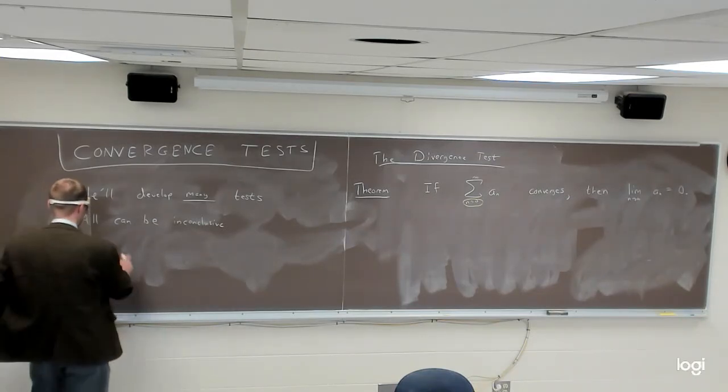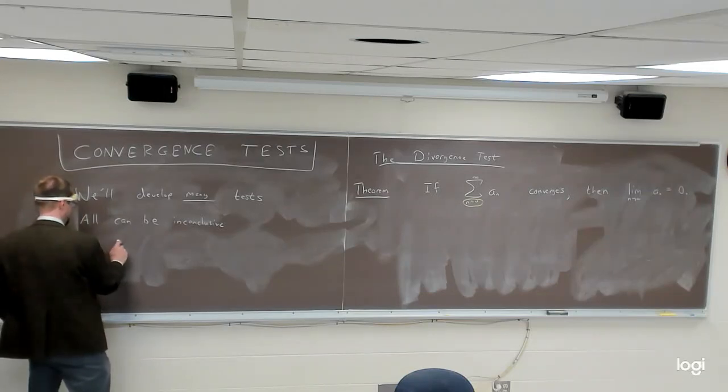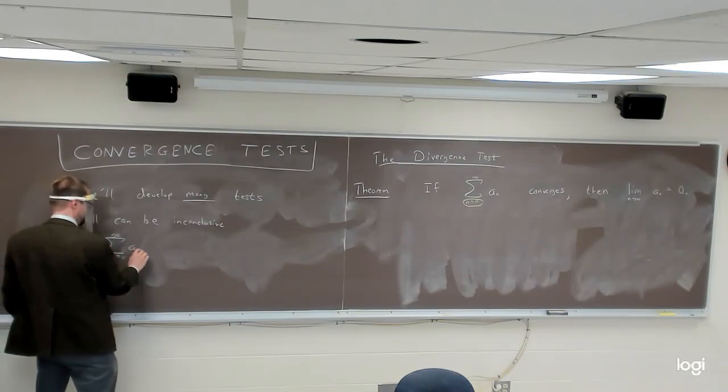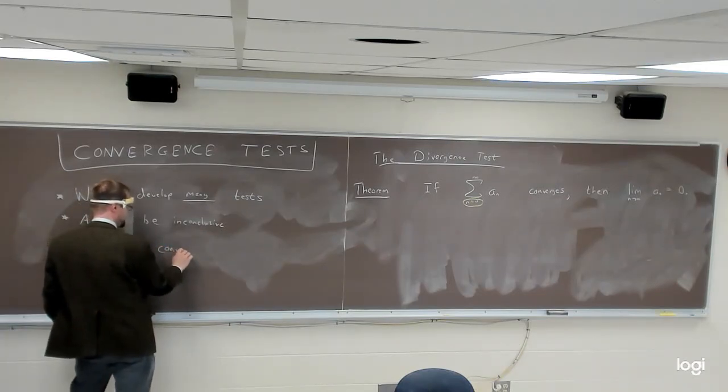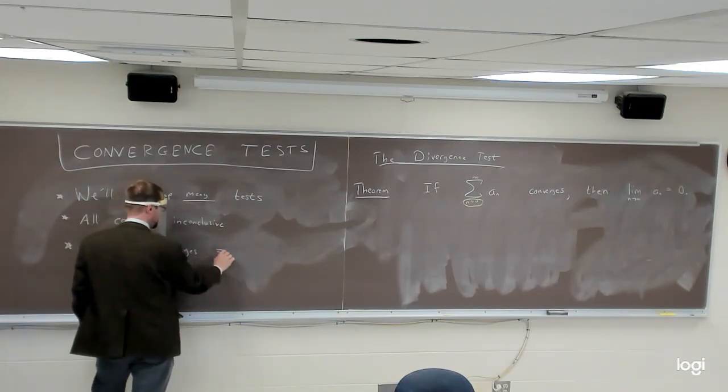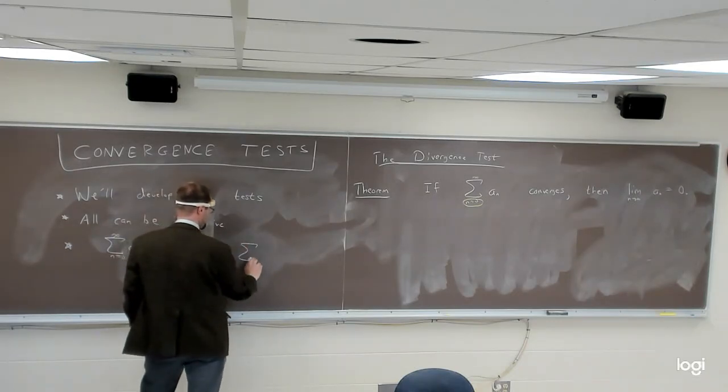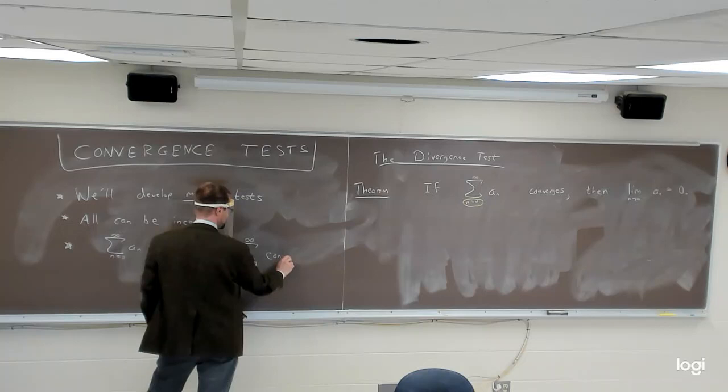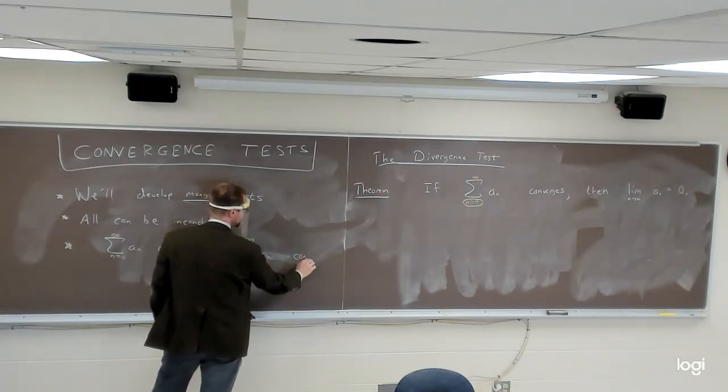So the sum of a_n from n equals 0 to infinity converges if and only if, for example, the sum from n equals 17 to infinity of a_n converges.